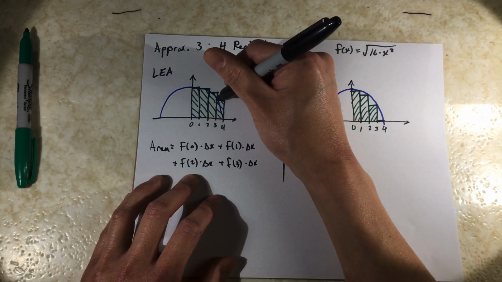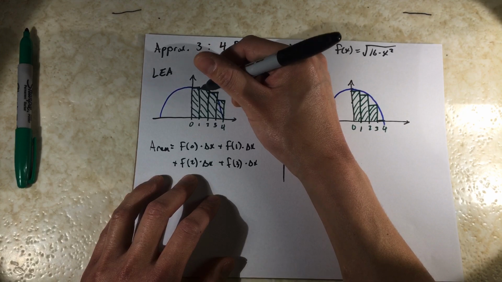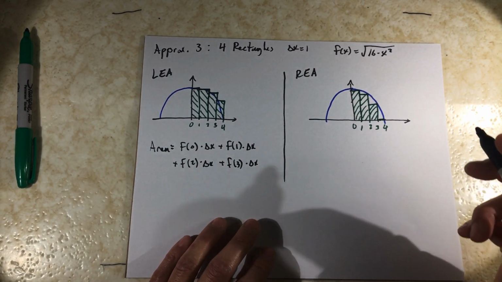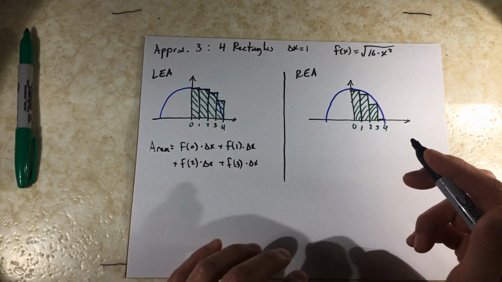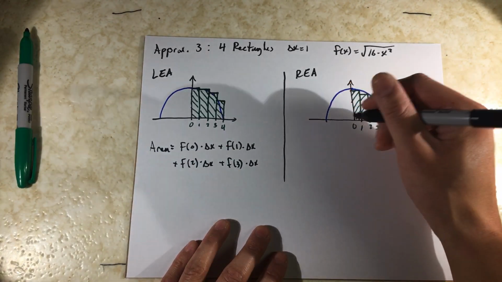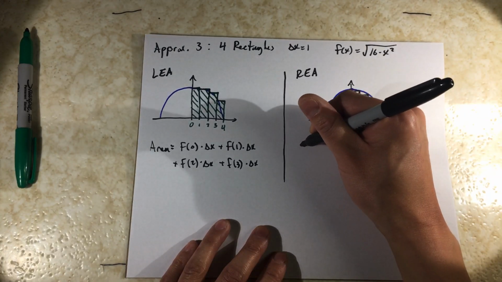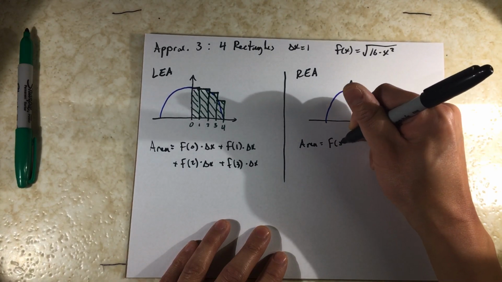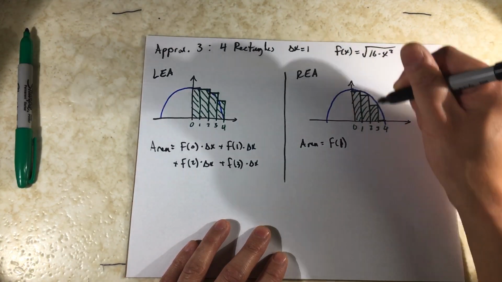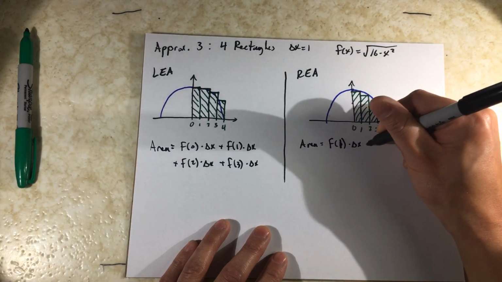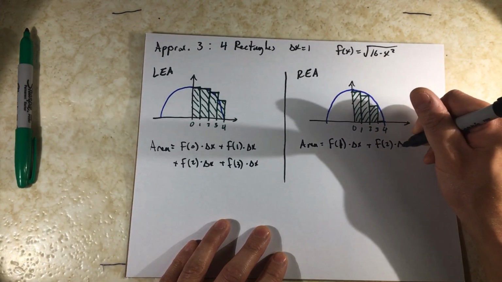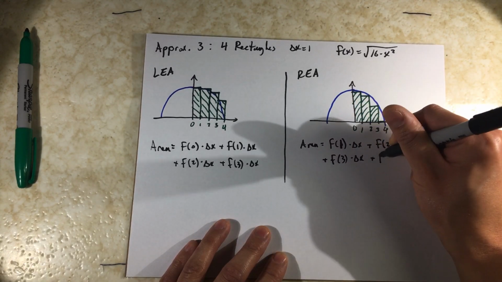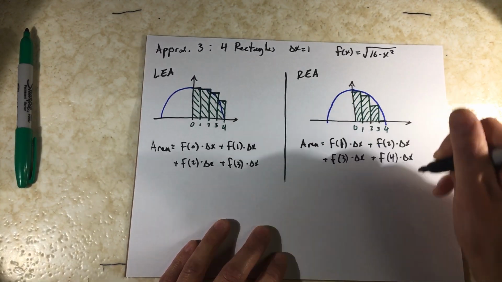You notice that I'm evaluating the function at just the left end of each of those rectangles. So we need to calculate all of these things. I'll show you how to do that in a second. And then here, we're going to use the right end. So this one is f of 1 because it's evaluated at this right end.